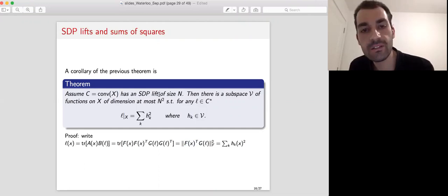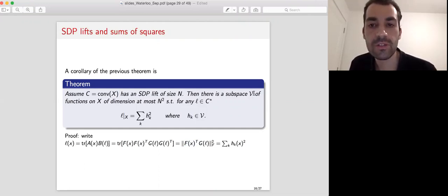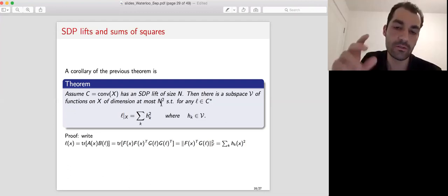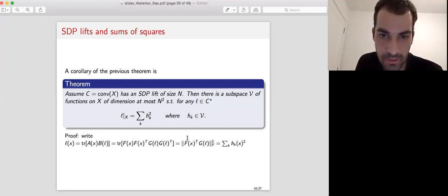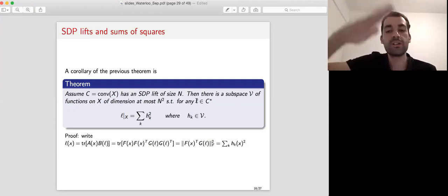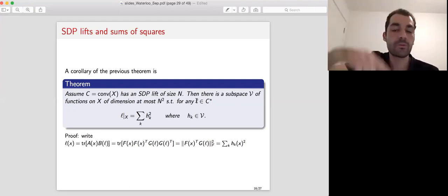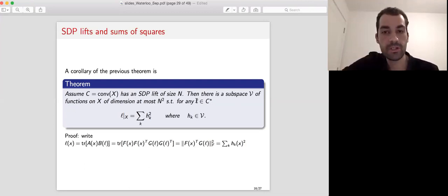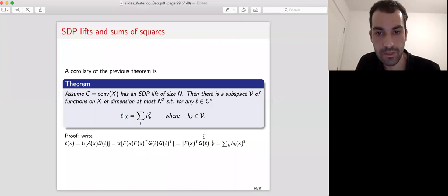if your set C has an SDP lift of size n, then you get a subspace V of dimension at most n squared. V is a space of functions on X, the space spanned by the entries of big F of X here, such that for any supporting hyperplane L of my convex set, I can write L as a sum of squares of functions from this subspace V. So this is exactly what you get here.